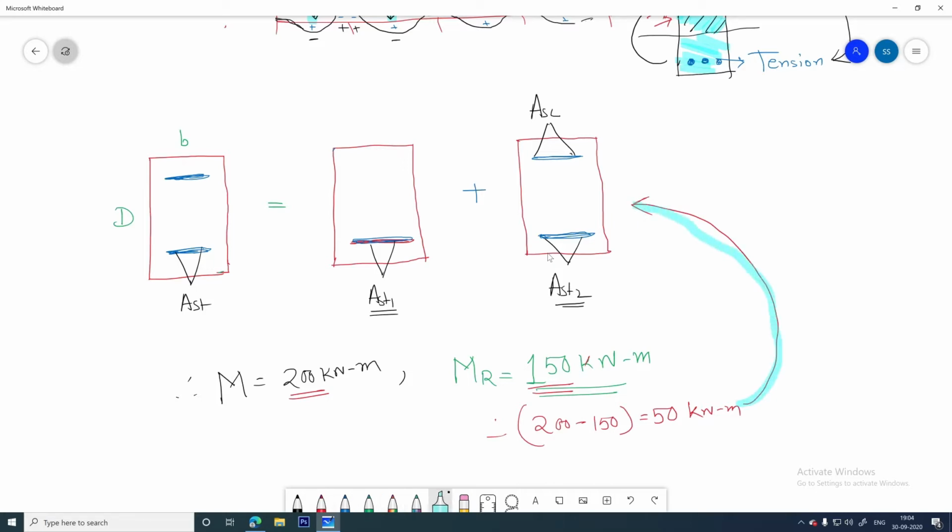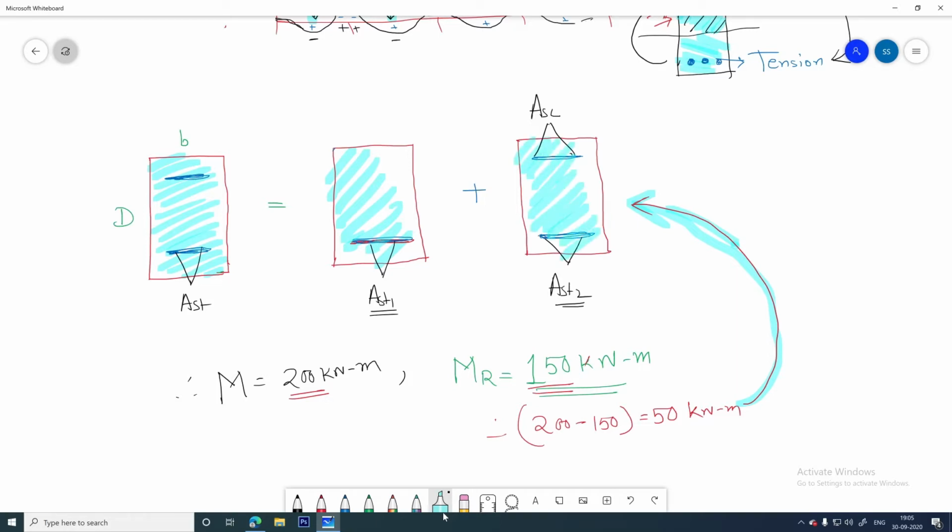I hope you understand. Repeating once again, look, this is the doubly reinforced beam section, and you can write this as a combination of two beam sections. First one is considered as a singly reinforced beam section, and the extra moment which you get after subtracting the moment of this singly reinforced beam section will be designed as this one.